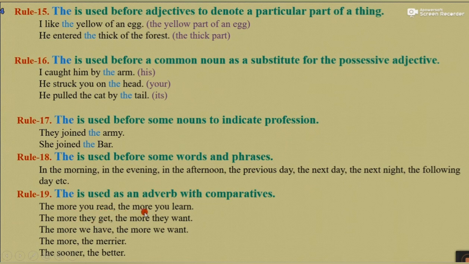Correlative use of the more, repeatedly used. The more you get, the more you want. The more we have, the more we want. For repeated use of the adverb, we use the before them. The sooner, the better.